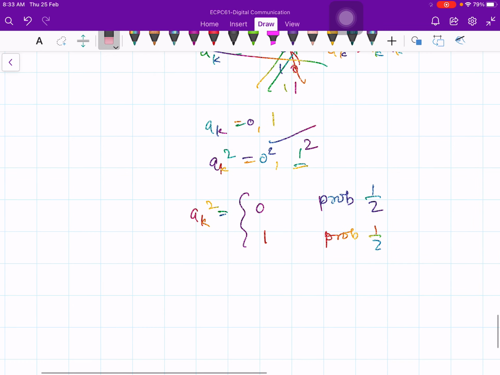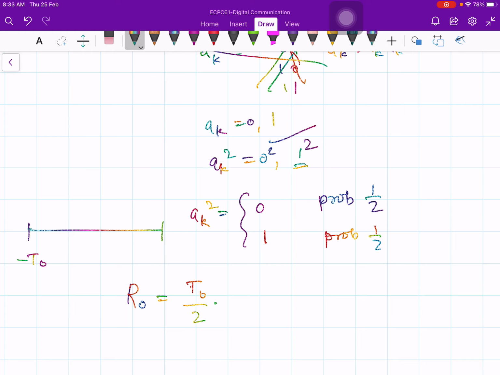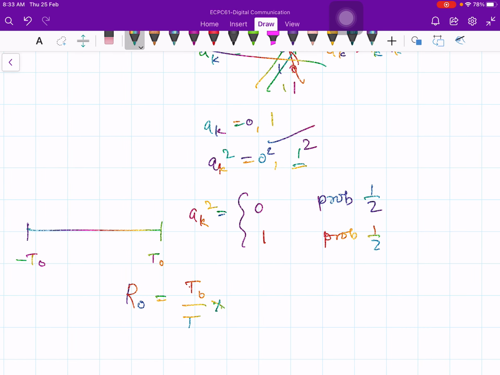Therefore R0, if you recall the formula from the previous lecture, is T0 by T times, how many pulses do I have in this interval?